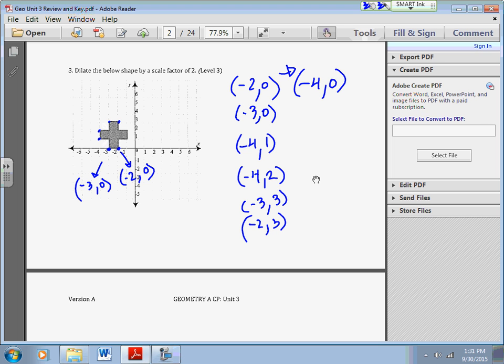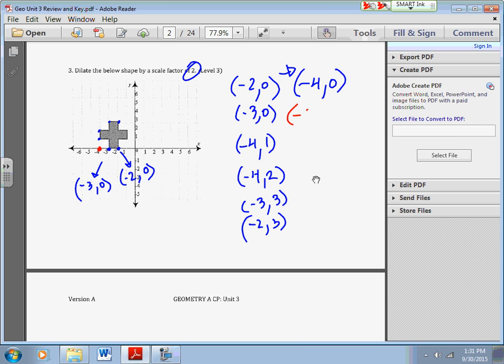Okay? All right. So I'm assuming then everybody understands you just multiply the coordinates by the scale factor to get the new coordinates. Now here's the thing, you have to draw the new image. So -4, 0 would be right here.